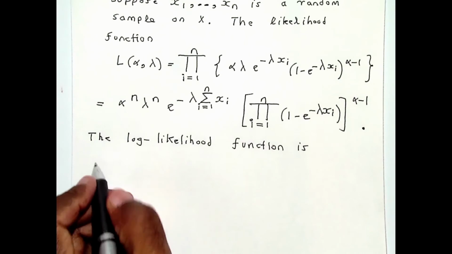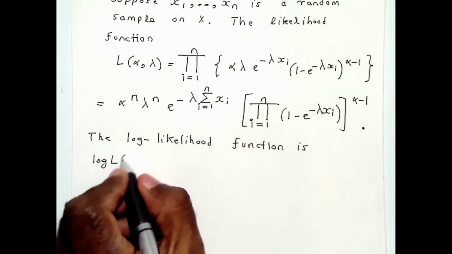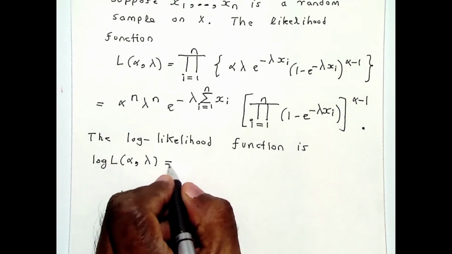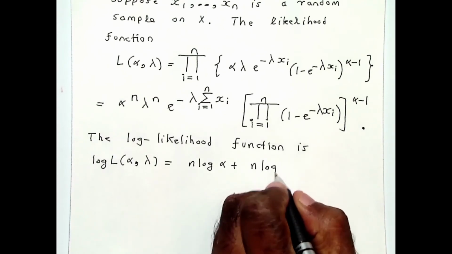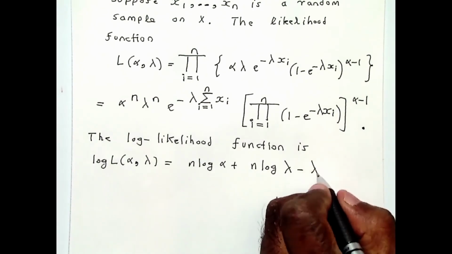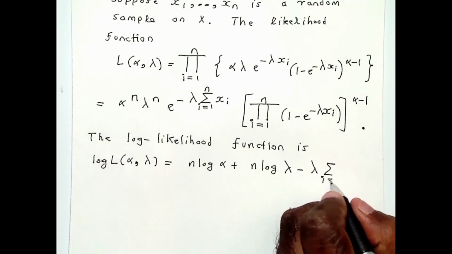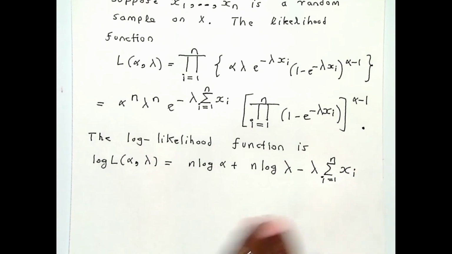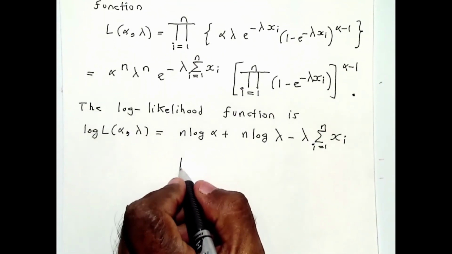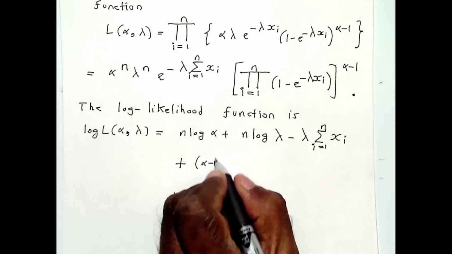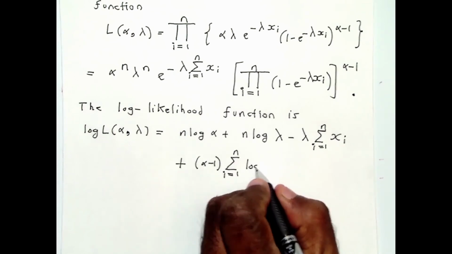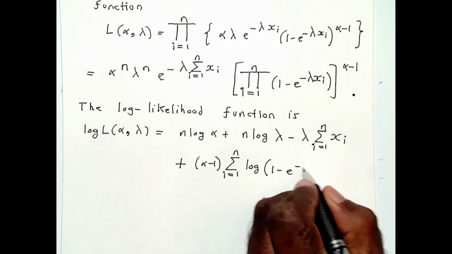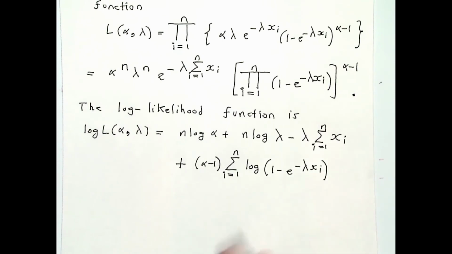So you take the log of this, so it's going to be, plus, okay. So that's the log of the likelihood function.